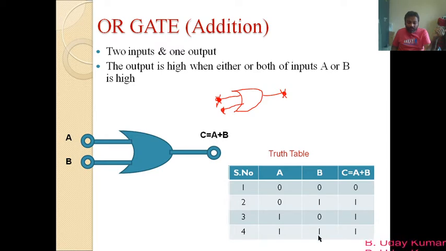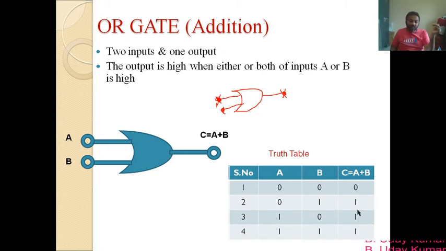Moreover, observe this fourth condition also: if both the inputs are high, then also the output is high. In these three conditions we are getting the output as high. So this is the operation of the OR gate, represented in a table which we call a truth table.